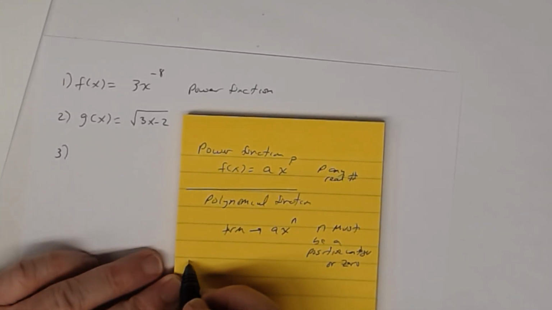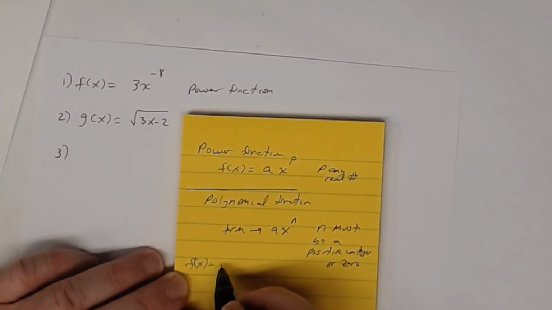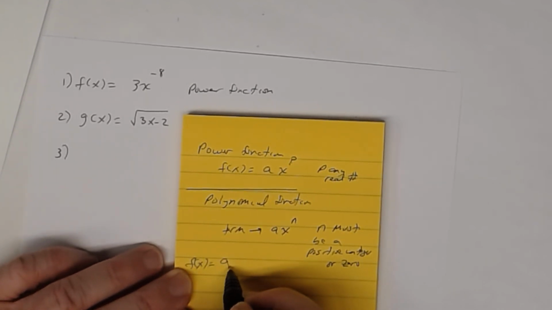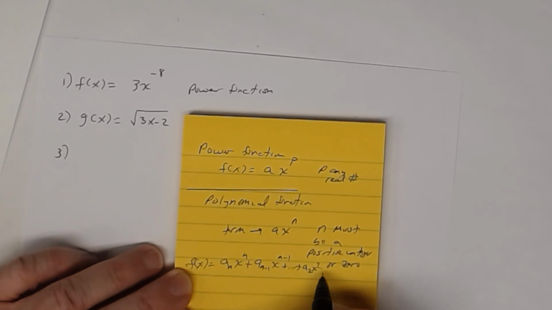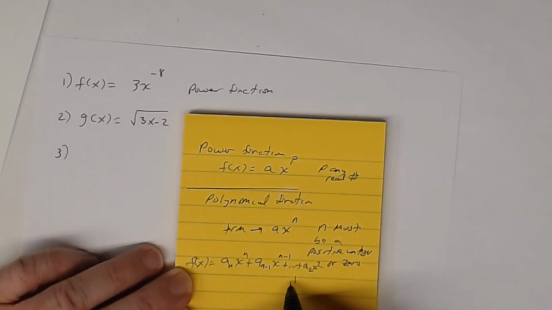In other words, you'll see something like this sometimes. It'll be written as a sub n x to the n plus a sub n minus 1 x to the n minus 1, and then plus a2 x squared, plus a1 x to the first, and then plus a sub 0.